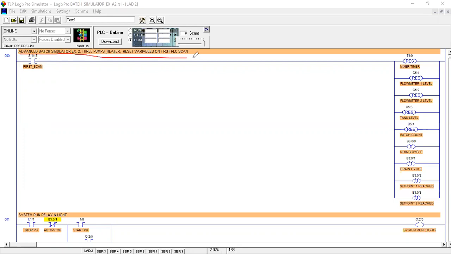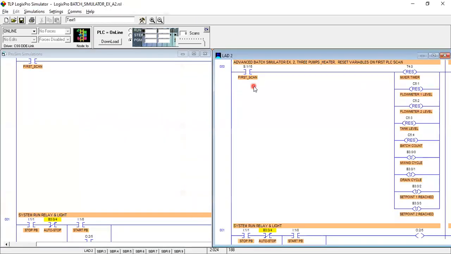This rung is basically to work on this statement: three pumps, heaters, reset variables on the first PLC scan. Our PLC is scanned by this bit. This is the status bit, S, which is represented in our data table, as we can see in the data table.